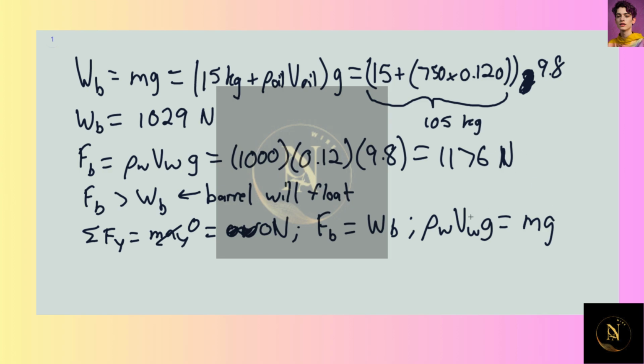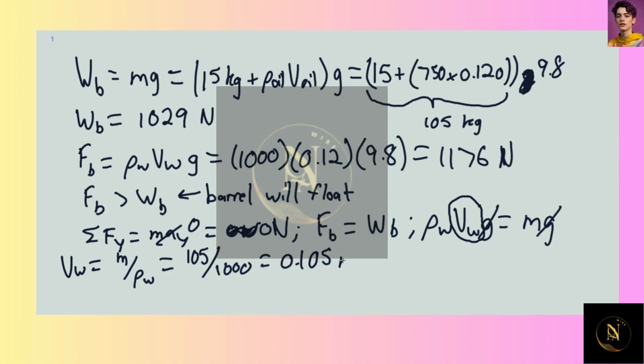So when we solve for the volume of the water, we can cancel the acceleration due to gravity, and we simply have the mass divided by the density of the water. This is 105 divided by 1,000, and we have 0.105 meters cubed.